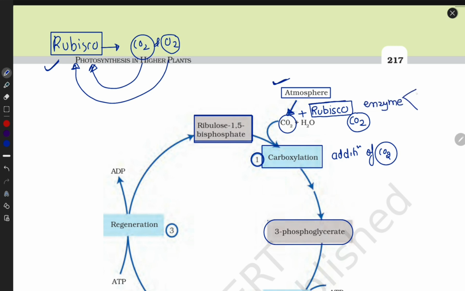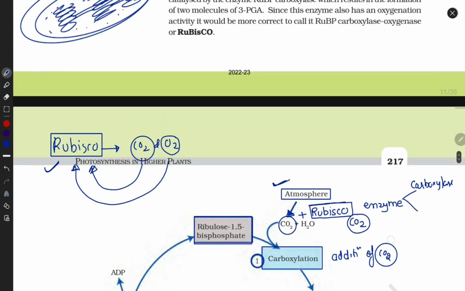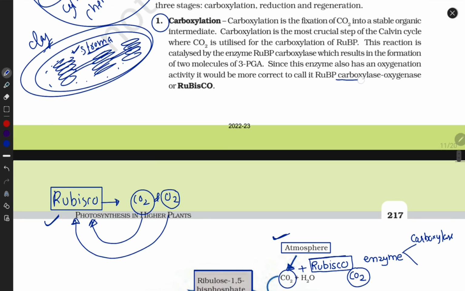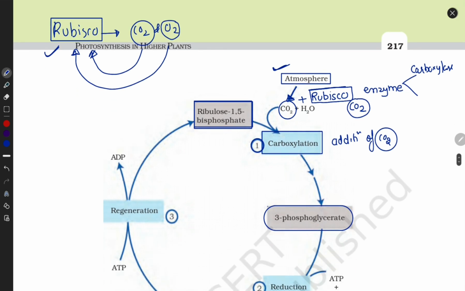It has 2 kinds of function. Look here, guys, write carboxylase as well as oxygenase. It binds with CO2 as well as O2. After binding, this conversion occurs: RuBP changes into 3-phosphoglycerate.